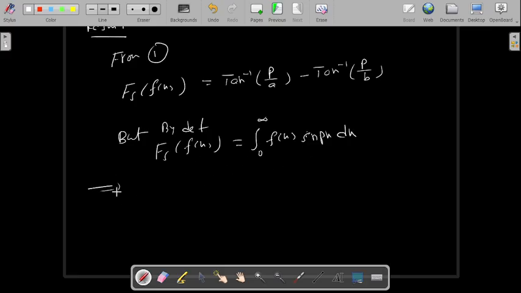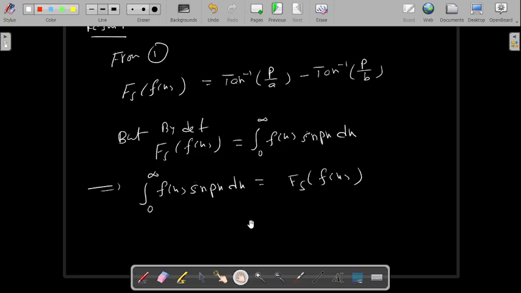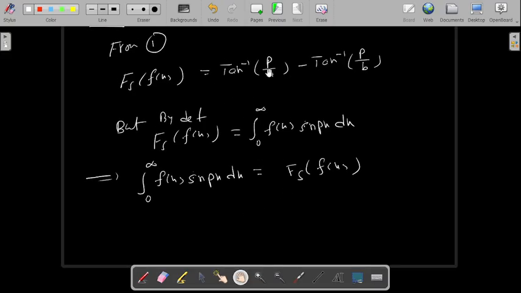Write this in reverse: integral 0 to infinity f of x sine px dx equal to Fs of f of x. Okay, we wrote it in reverse. So what is Fs of f of x? Just now we have this: tan inverse p by a minus tan inverse p by b.